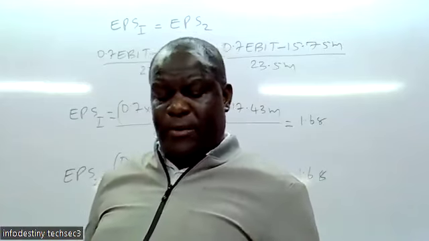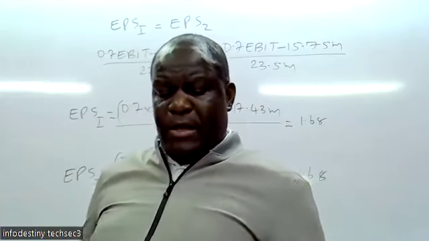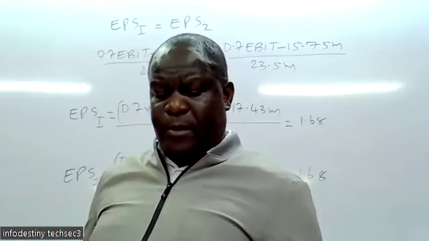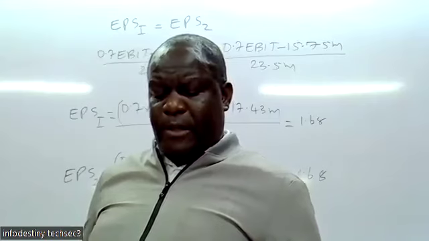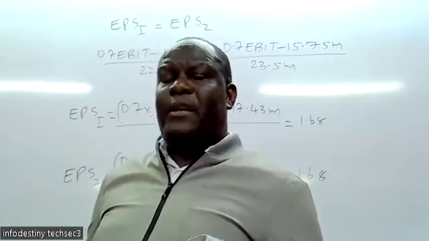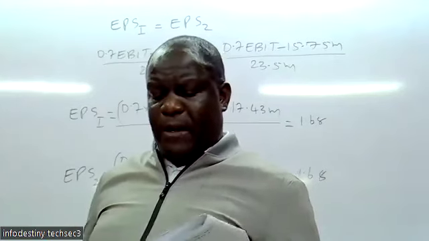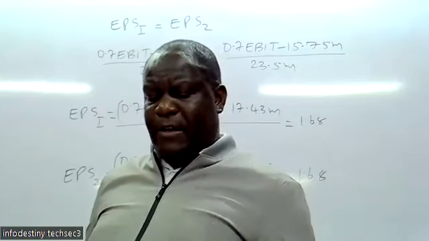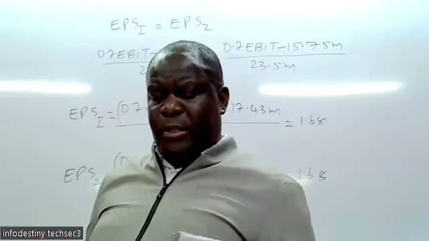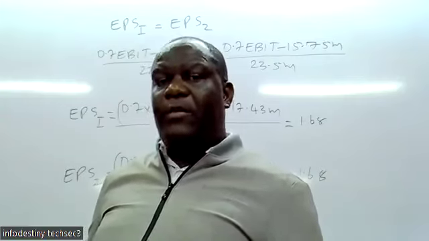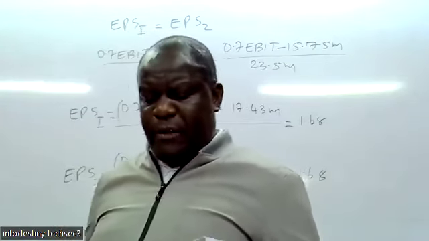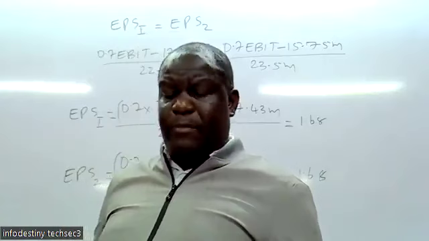Now required. Roman letter 1, determine the level of the expected operating profits and expected earning per share at the point of indifference between firms earning under financing option 1 and 2. Then Roman letter 2, determine the range of the expected operating profit within each financing option will be recommended.